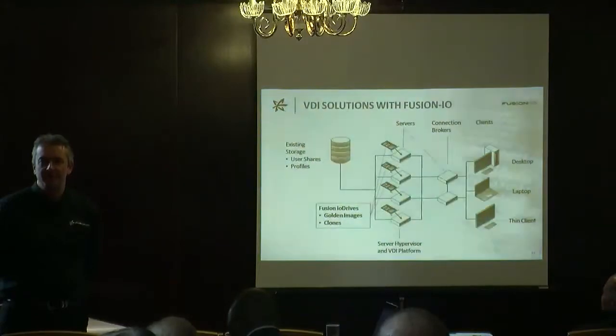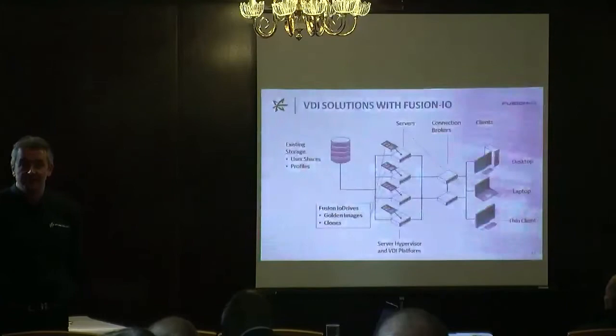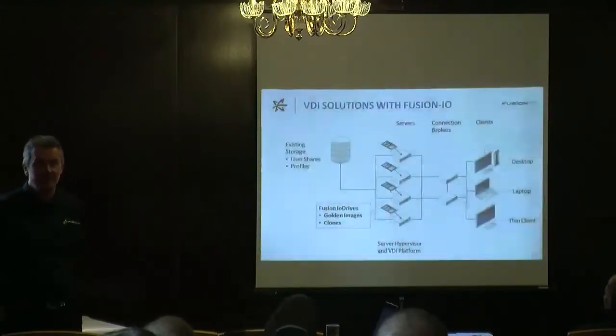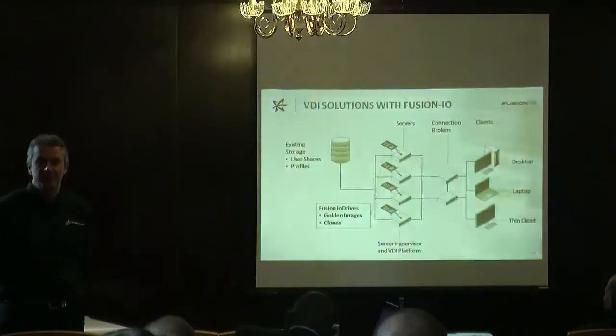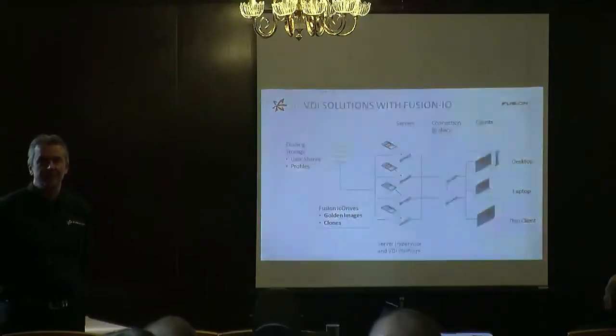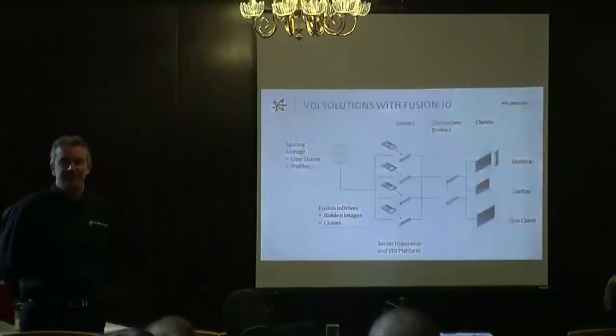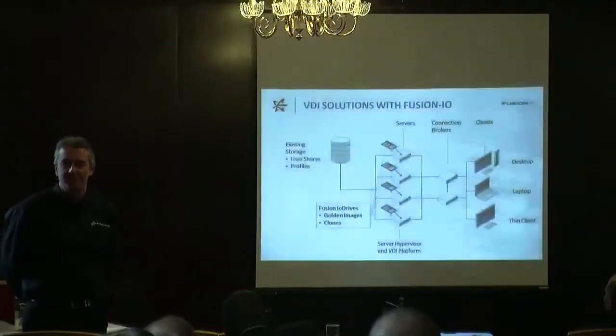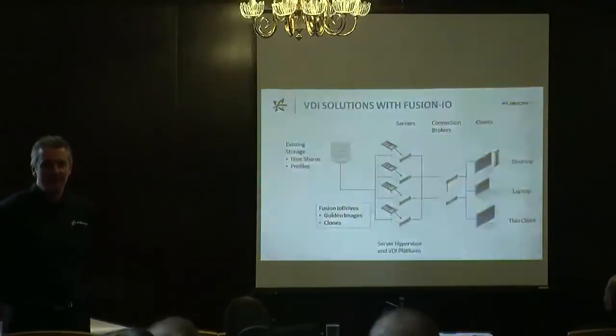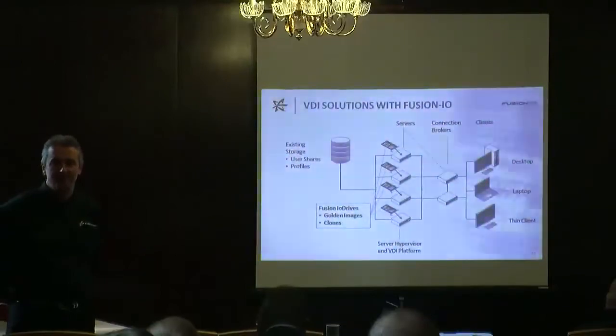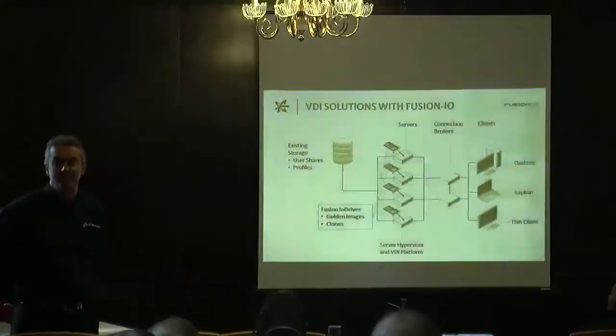memory, because most applications need to persist their data in some state. So that tends to be the need for using some form of persistent storage device. So when you look at our technology, we give you 1,000 times the performance of disk, but we do it at a price point which is beneficial compared to memory.